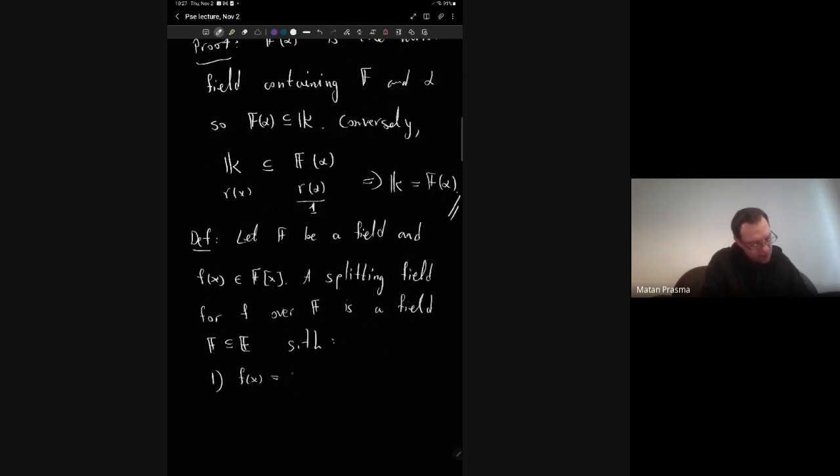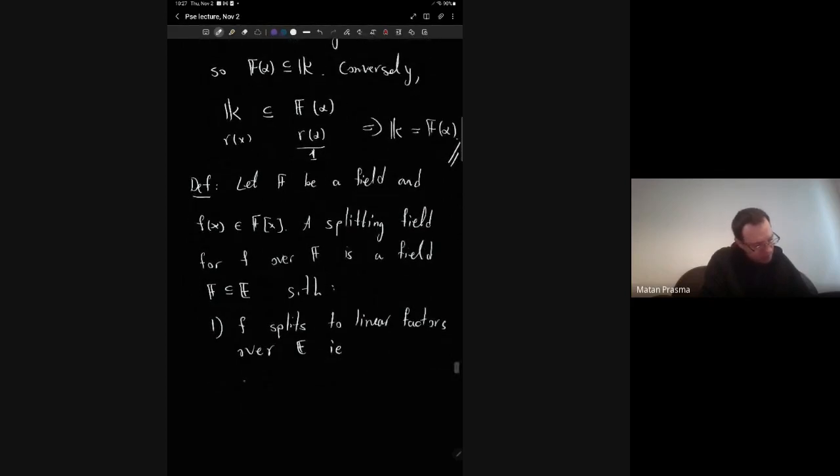So you could write it, for example, as: f splits into linear factors over E, i.e. f of x is some constant lambda (if f is not monic, I have to multiply everything by some constant) times x minus alpha 1 up to x minus alpha n, where lambda and alpha 1 up to alpha n are elements in E.